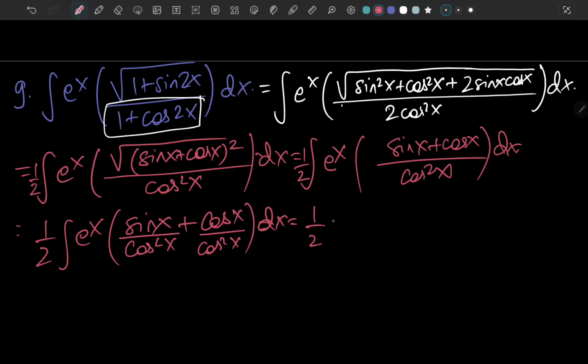So 1 over 2 times the integral of e to the x times, this becomes tangent x secant x plus secant x dx, right?